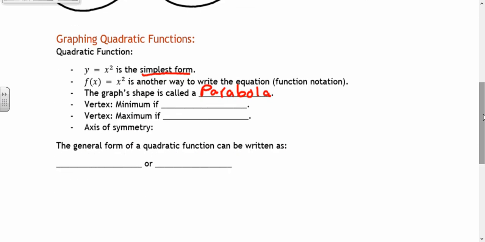It is a minimum if it opens up, and it is a maximum if it opens down. And our axis of symmetry is the x value of the vertex.